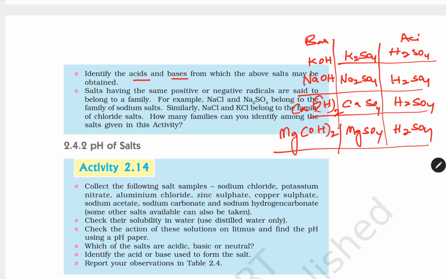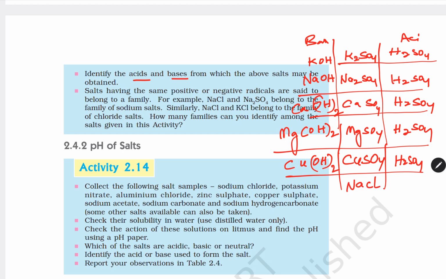Coming to copper sulfate, CuSO4. For this one the derived acid is again H2SO4, and the derived base is copper hydroxide, Cu(OH)2.